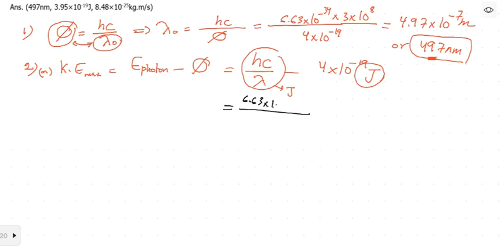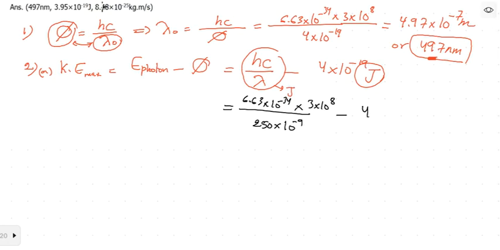6.63 times 10 to the power minus 34 times 3 times 10 to the power 8, divided by the wavelength of the used light. It was 250 nanometer, which means times 10 to the power minus 9.